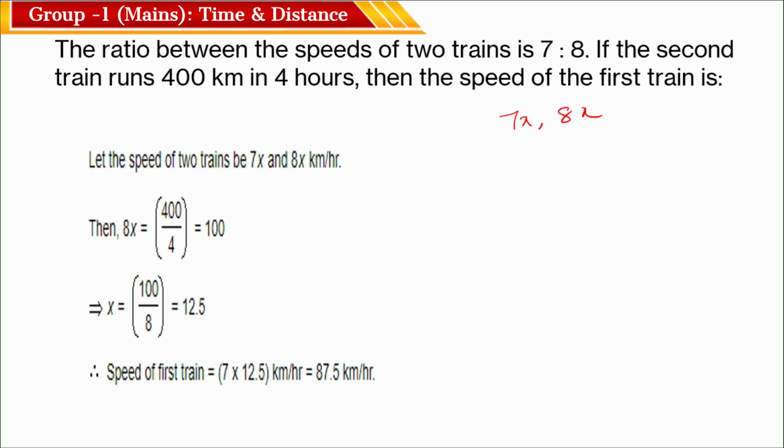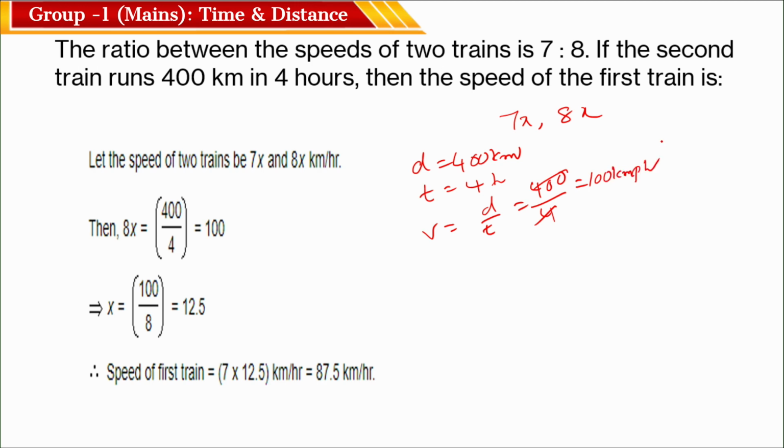The second train runs 400 kilometers in 4 hours. For the second train, the distance is 400 kilometers and the time is 4 hours. So, the speed is distance by time, that is 400 by 4, which is 100 kmph, correct.